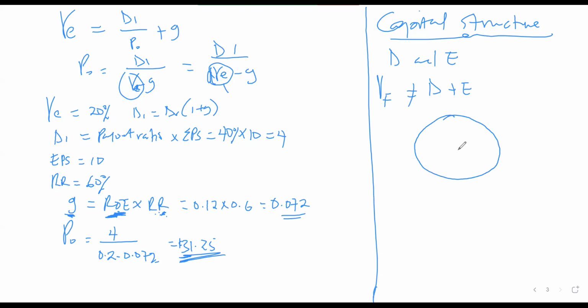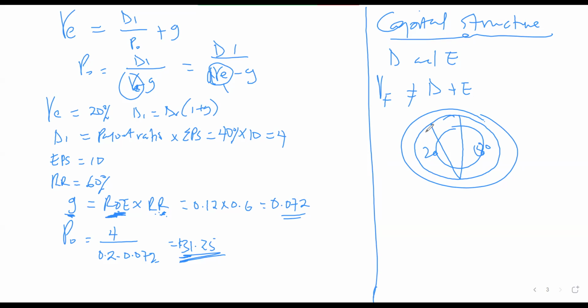Will the size of this whole change because I have divided it into two equal parts? Or will the size change because I have divided it into one portion, maybe 20% here and 80% here? The size will not increase, neither will it decrease. It will still remain the same, irrespective of how you slice this pie.